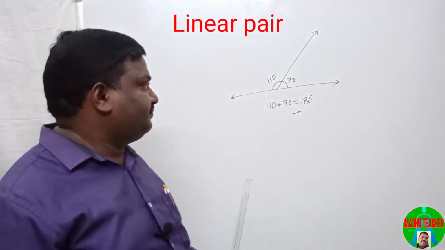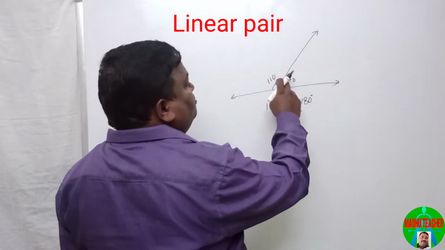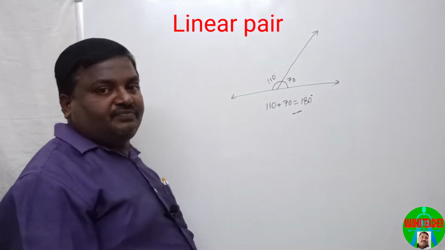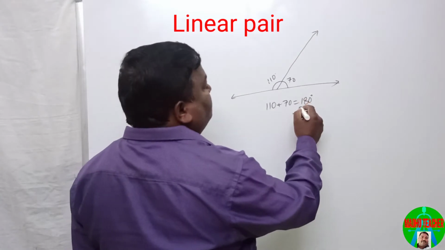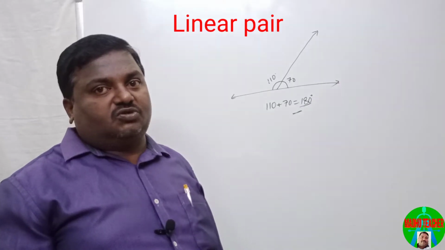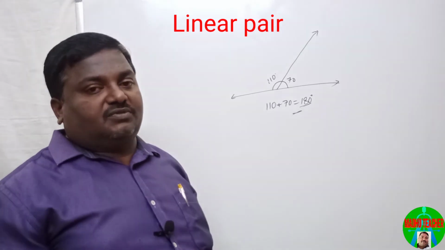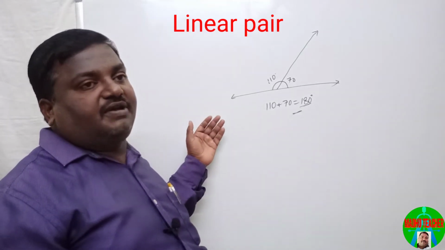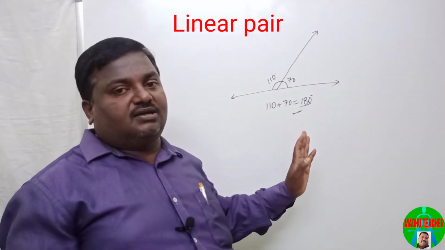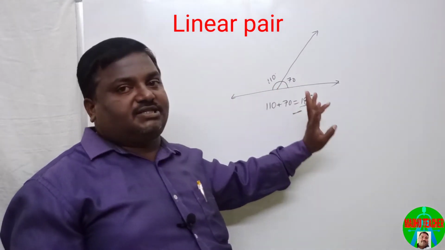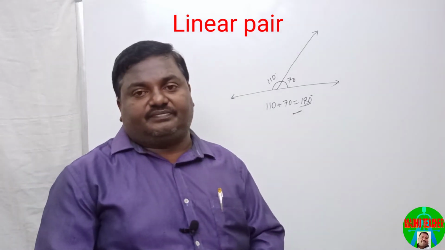In this, we can observe that these two are adjacent angles, and these two are supplementary angles. So we can define it in another way: if two angles are supplementary and adjacent angles, then they are a linear pair.